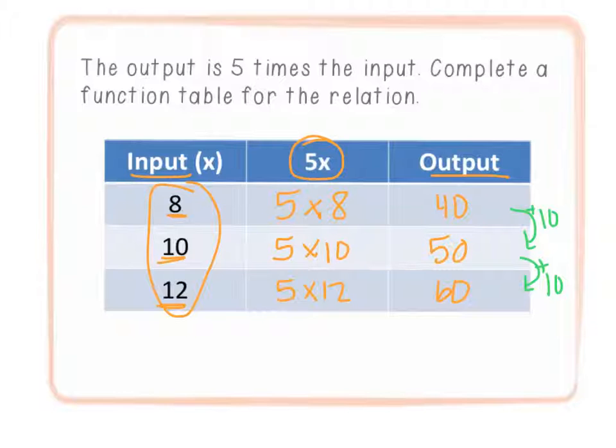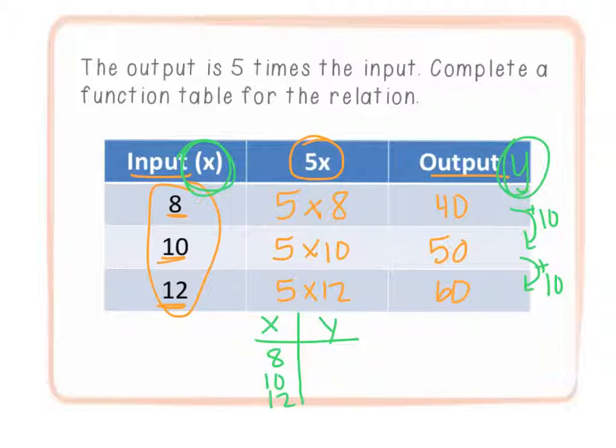If I was to graph this, which I'm not going to do just to save on time, I would make my t-chart, my x and my y. Notice these are my x's, it tells me that. So I have 8, 10, 12. I'm pulling those right from the table, 8, 10, 12. And then the output is my y, which is 40, 50, 60.